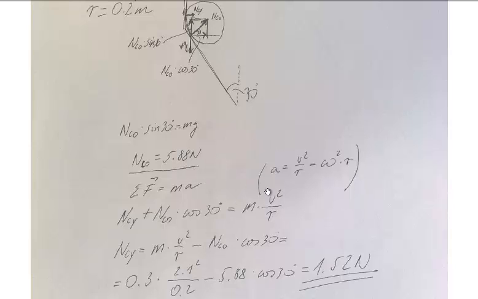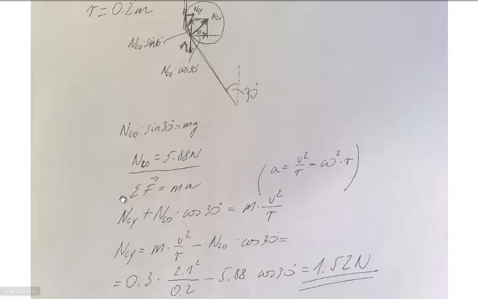In uniform circular motion, this is the acceleration. Newton's law, there are two forces, this and this is equal to m times v squared over r.